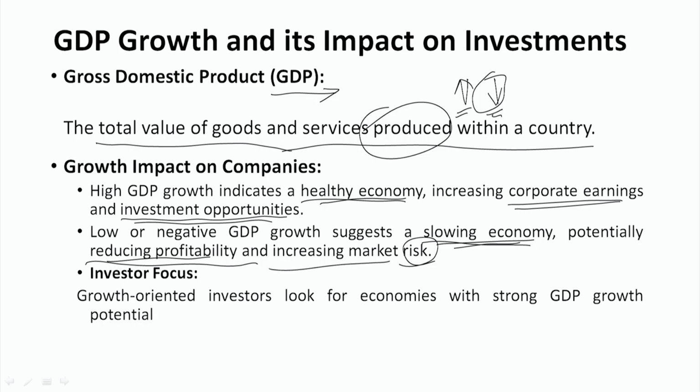So ultimately, an economy which has a low GDP growth rate is pointing towards a situation where the economy is slow moving, the profitability is less, and the return on the investment is highly risky.